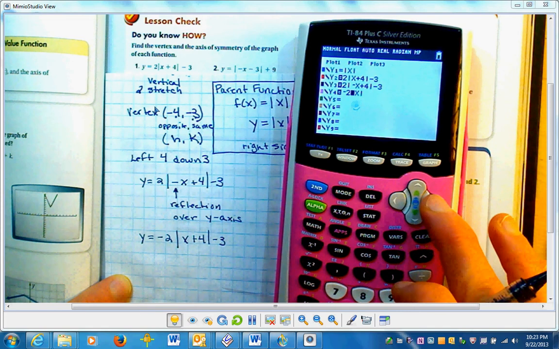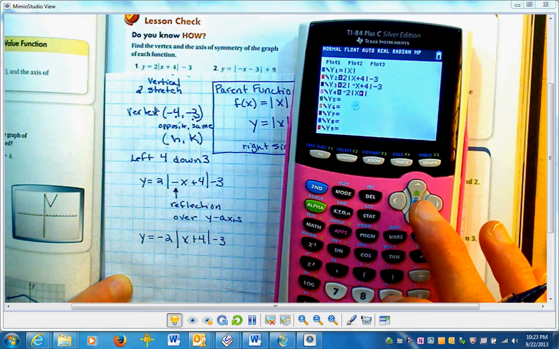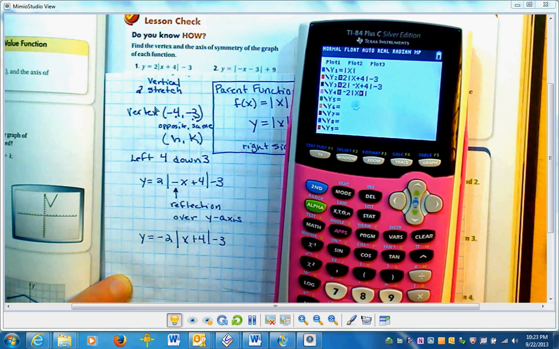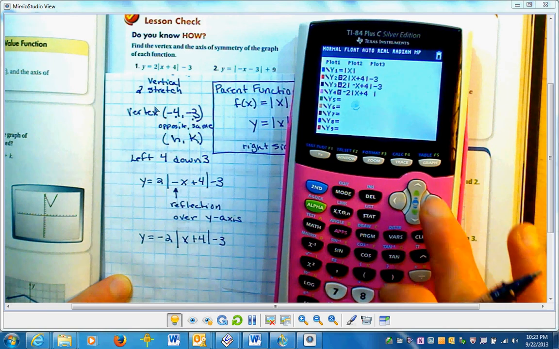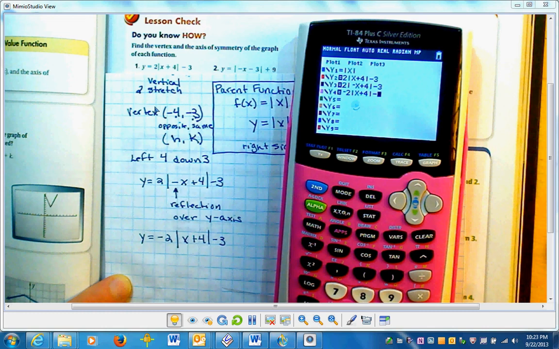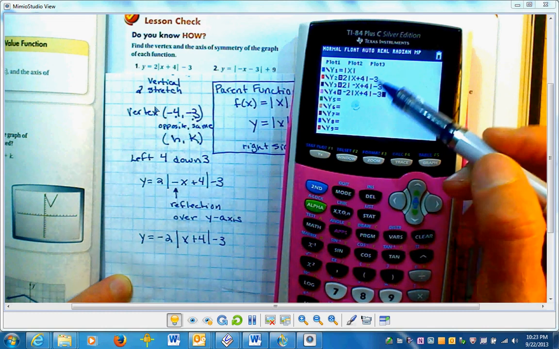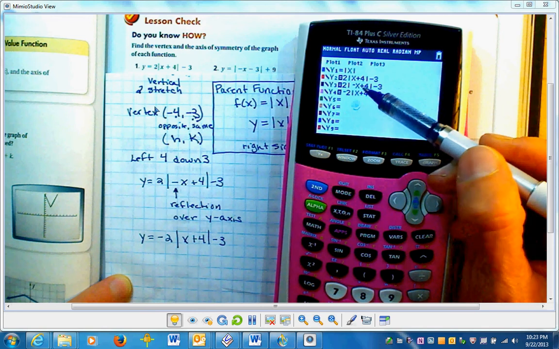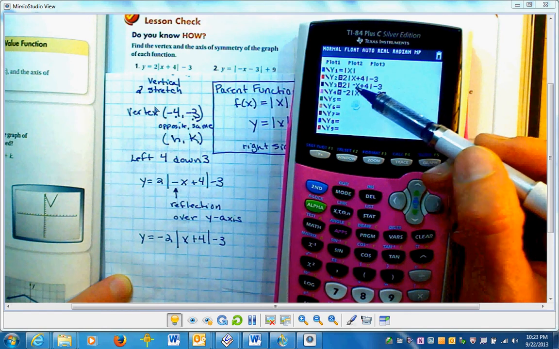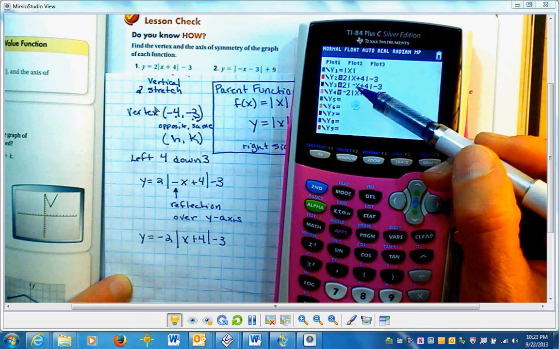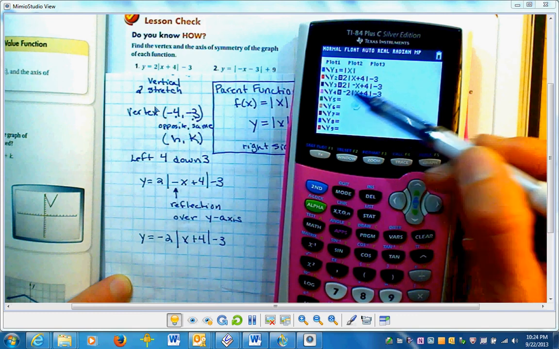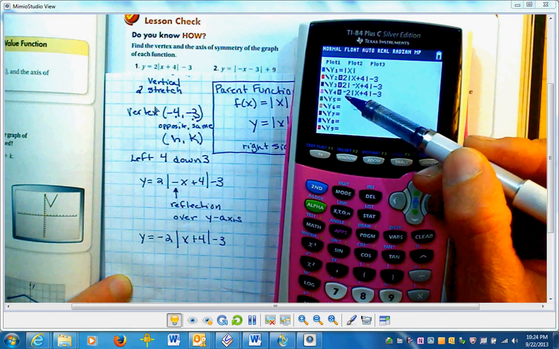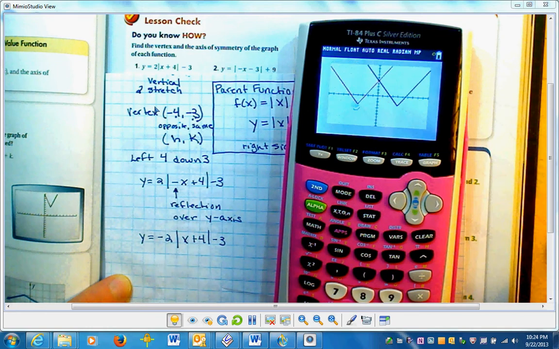So I have -2, and then I'm going to put in x plus 4 inside the absolute value minus 3. So you can see these are all very similar, aren't they? The only difference is that in this problem, y3, my negative is in front of the x inside the absolute value. In y4, my negative is outside the absolute value. So let's see what that does.